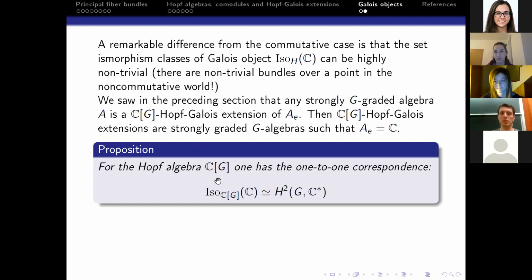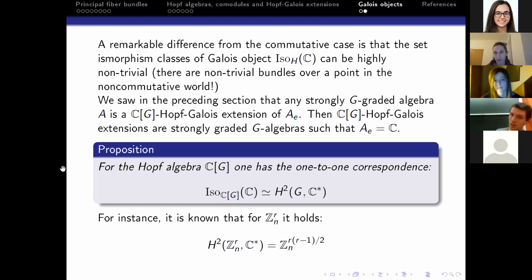For the group algebra, there is this very nice result, which tells that there is a one-to-one correspondence between isomorphism classes of Galois objects of the group algebra of the group G and the second cohomology group of the group with coefficients in the non-zero complex numbers.